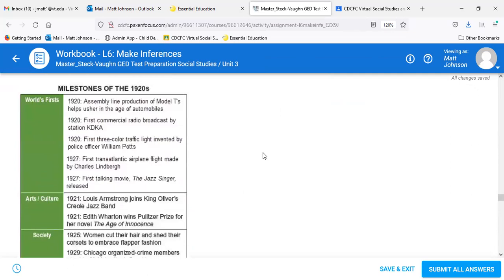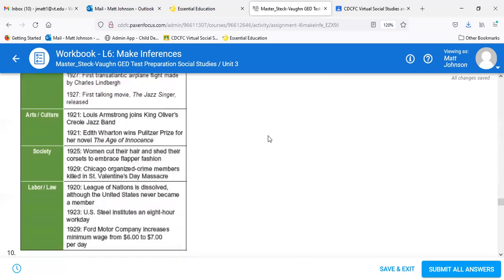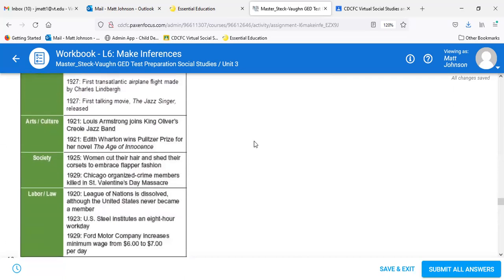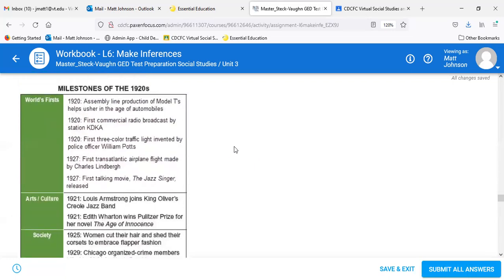Okay, and so milestones in the 1920s. The 1920s were an interesting time. There was, like what we have here in our column on the left, world's first, arts and culture, society, labor law. A lot went down in the 1920s. So we'll take a look here of what events occurred.